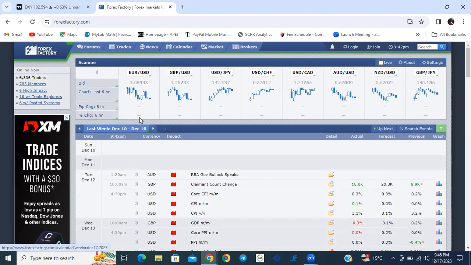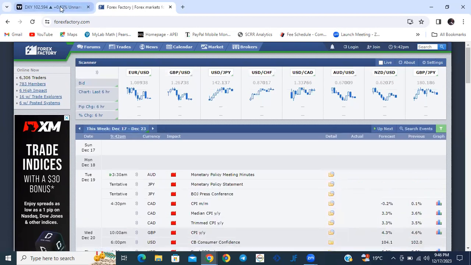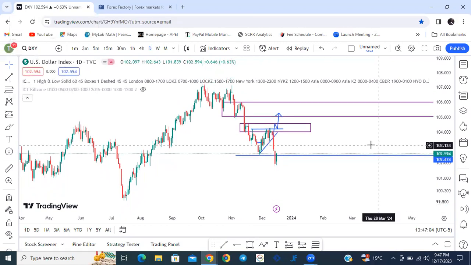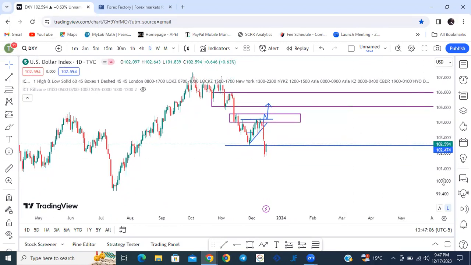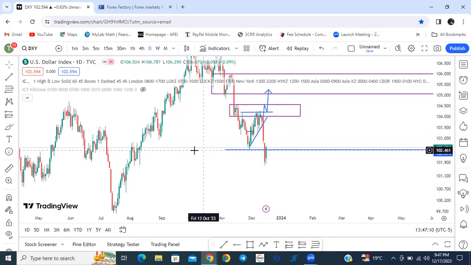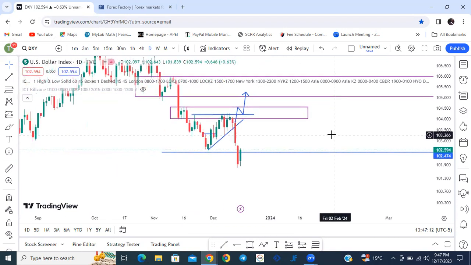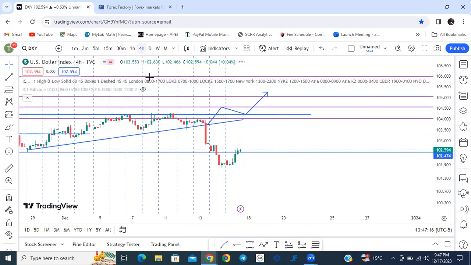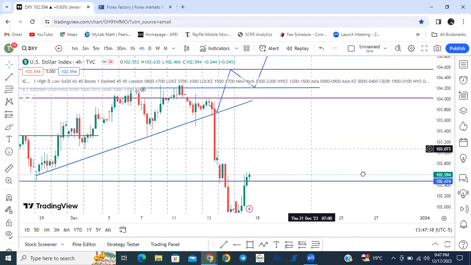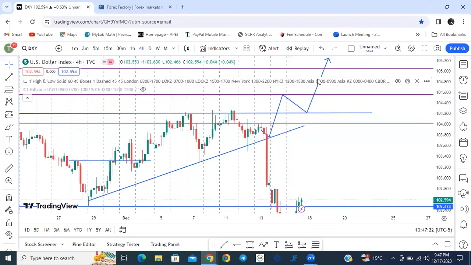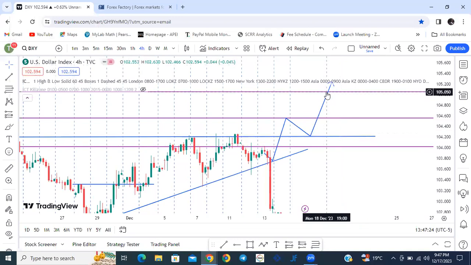Having seen what transpired fundamentally, we can look at what happened technically, beginning with the dollar index. We had identified this trend line in the 4-hour and were projecting upside continuation.